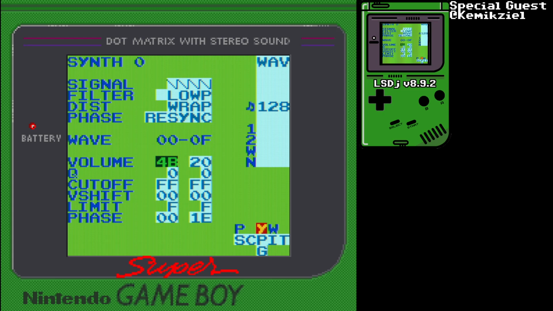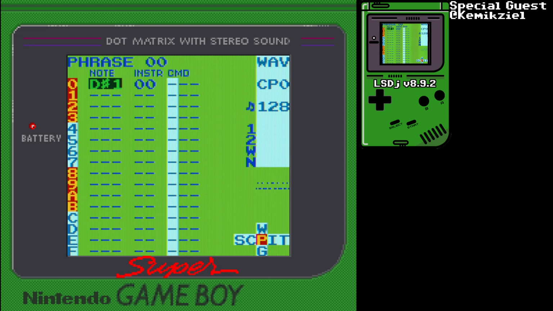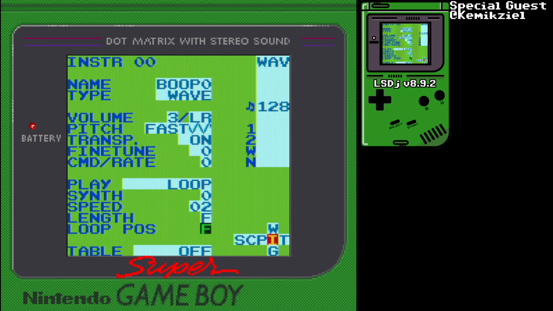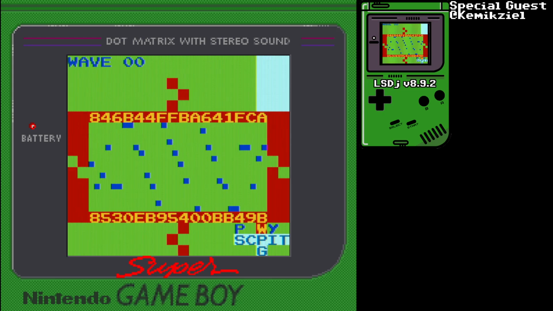If I have something like this and I really like this sound, it's cool, but it's too loud. This was the bane of my existence, and I think many other people's in the early versions of LSDj, because you're just stuck with this. You can't get it to wrap if the volume isn't high.